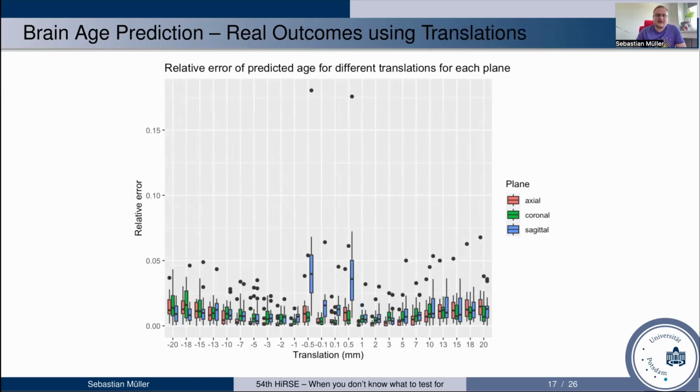And if we're actually applying different transformations, in this case, another translation transformation, we saw something that up until today, the domain scientists have not had a chance of actually explaining. If we are just translating in the sagittal plane by half a millimeter, we are seeing a significant outlier, both in the positive but also in the negative direction, that the domain scientists neither expected nor have yet explained.